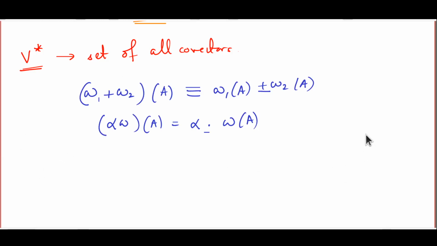Armed with this definition of addition of two covectors, let us check whether we can think of a vector as a linear map when it acts on a linear combination of two covectors.